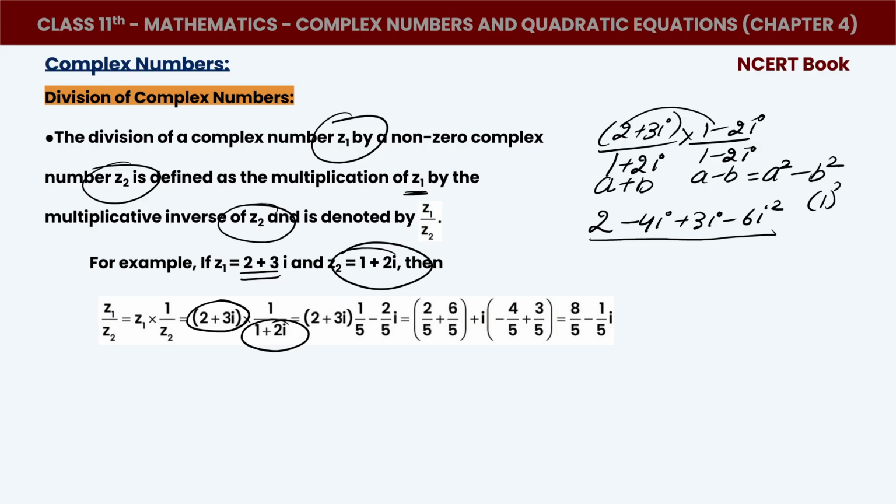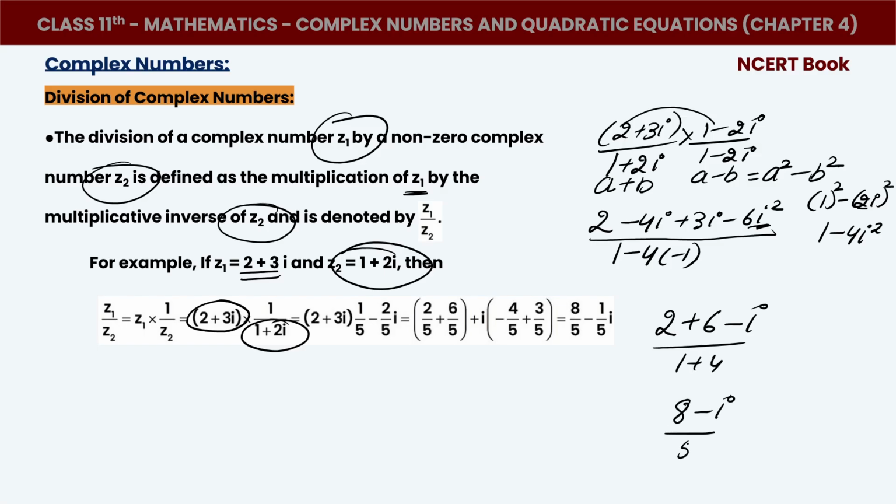It is 1 whole square minus (2 iota) whole square. 2 squared is 4, iota into iota is iota square. So the value is 1 minus 4 into minus 1. This is 2 minus iota square, whose value is minus 1, so minus minus is plus 6, so 8 minus iota divided by 1 plus 4. So this is 8 minus iota by 5, right.